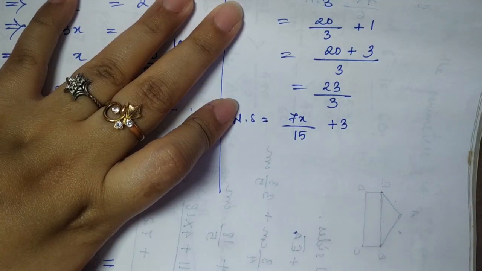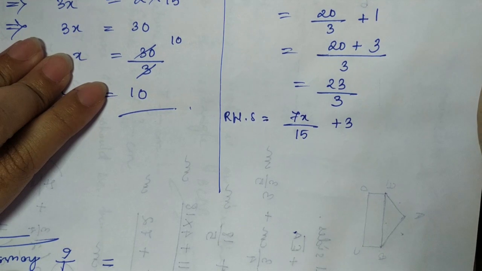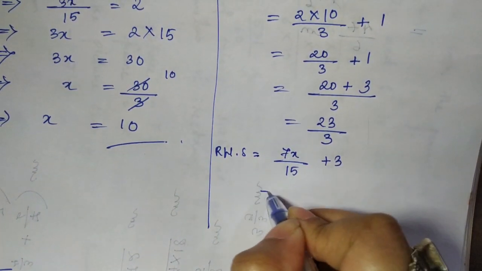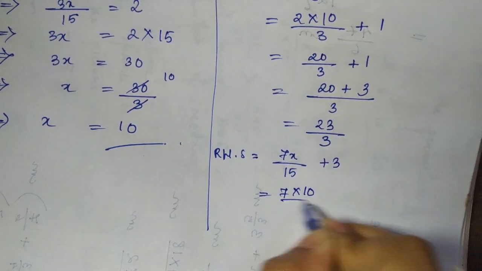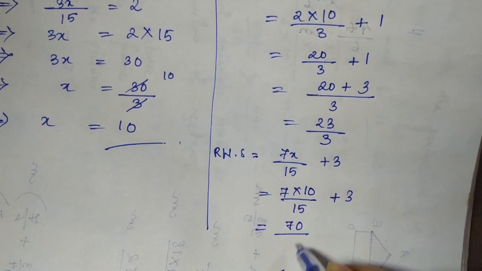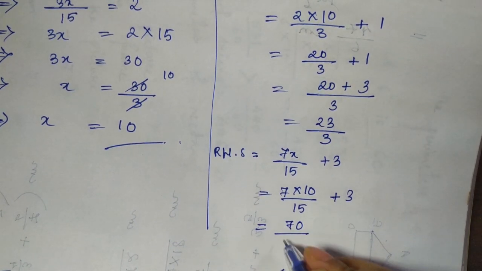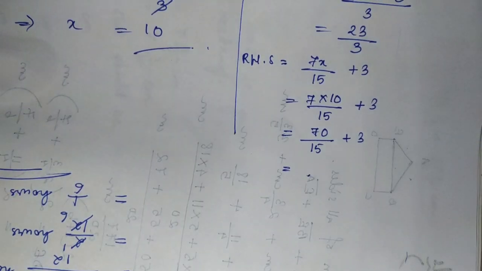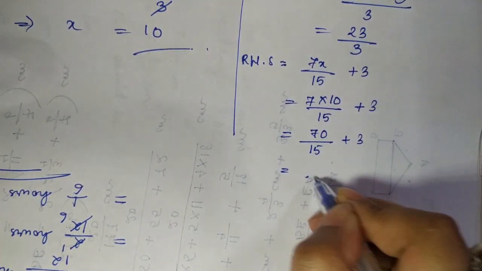Now coming on to the right hand side part. What do I have in my right hand side? I have this. So let's get started with this. Let's put the value x equal to 10 in 7x by 15 plus 3. So it will be equal to 70 by 15 plus 3. Let's take the LCM here.